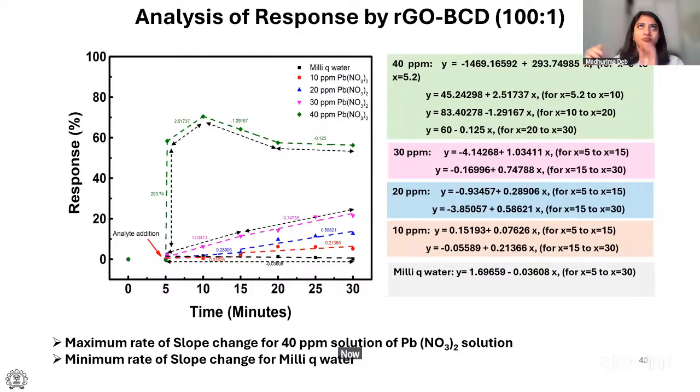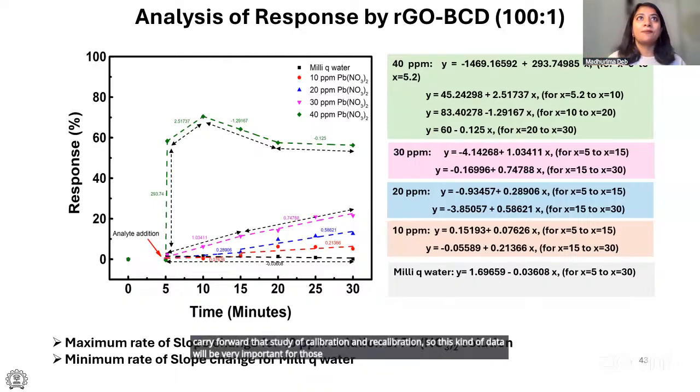Now, if we look at the response study of RGO-BCD, this is how I calculated the linear part, or what should be the linear coefficient of these functions that will define the response. This is very important in the next stage, where I would like to carry forward that study of calibration and recalibration. So this kind of data will be very important for those designs.